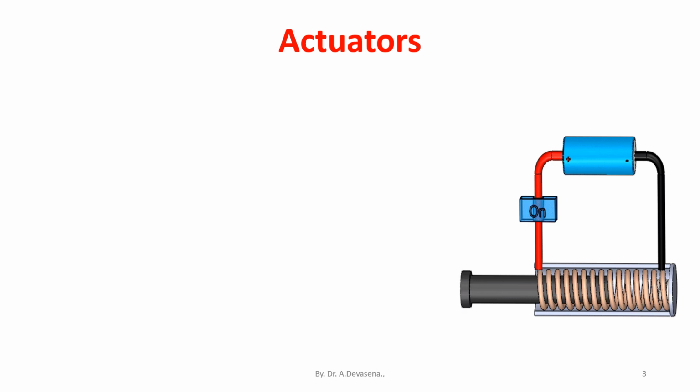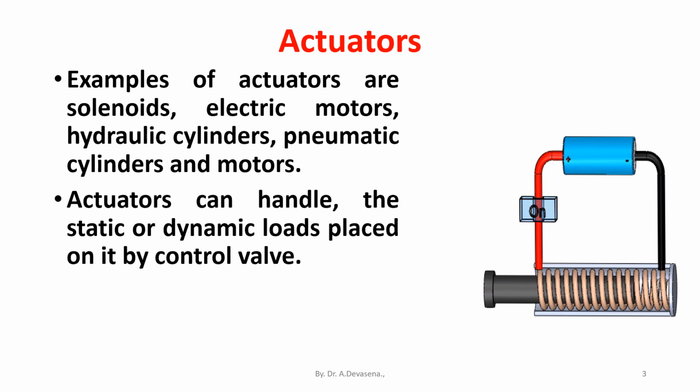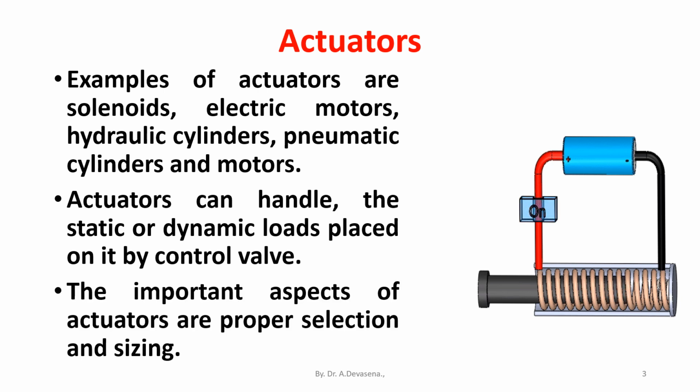Examples of actuators are solenoids, electric motors, hydraulic cylinders, pneumatic cylinders, and motors. Actuators can handle the static or dynamic loads placed on them by the control valve. The important aspects of actuators are proper selection and sizing.